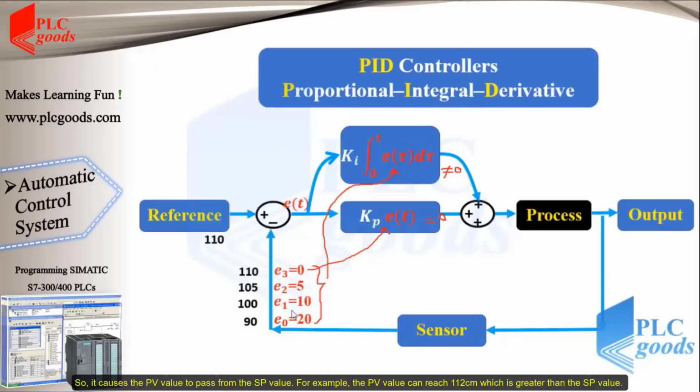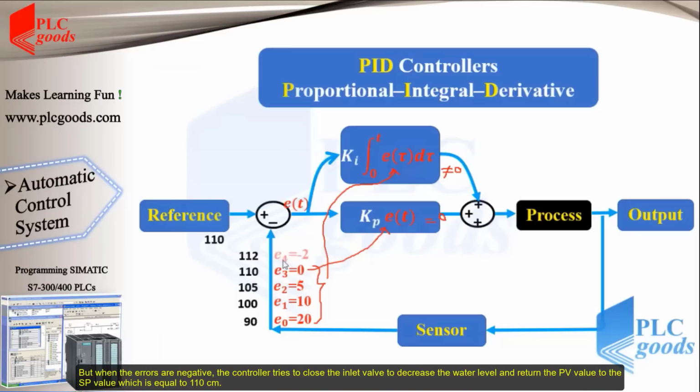So it causes the PV value to pass the SP value. For example, the PV value can reach 112 centimeters, which is greater than the SP value. But when the errors are negative, the controller tries to close the inlet valve to decrease the water level and return the PV value to the SP value, which is equal to 110 centimeters.